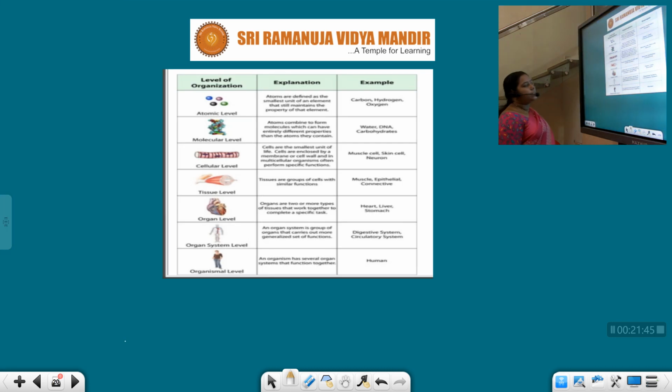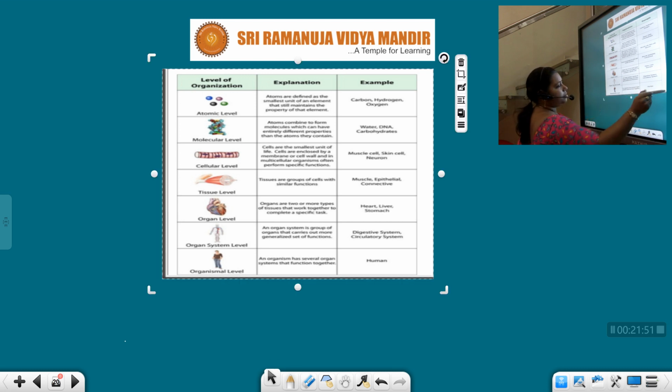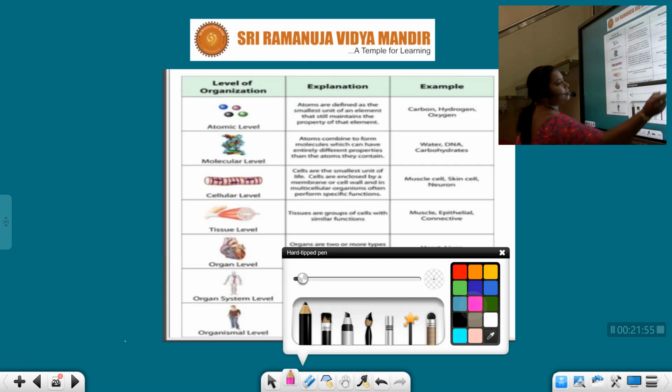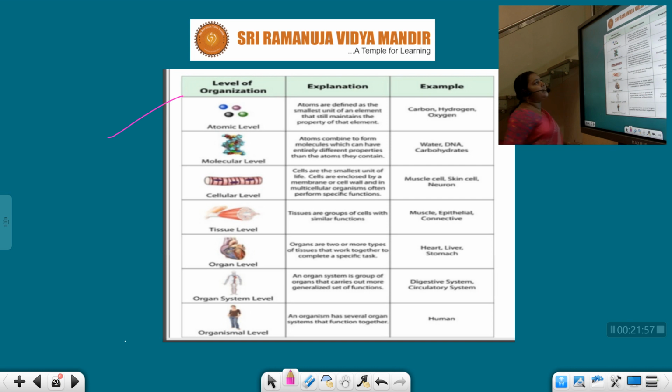Let me explain the levels of organization. Atomic level. Atoms are defined as the smallest units of an element that still maintain the properties of the element. These are the small units of the element, such as carbon, hydrogen, and oxygen.